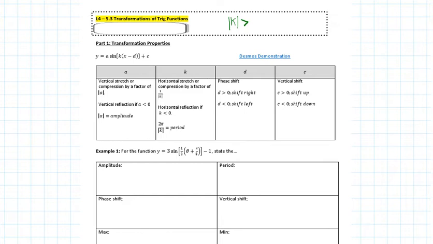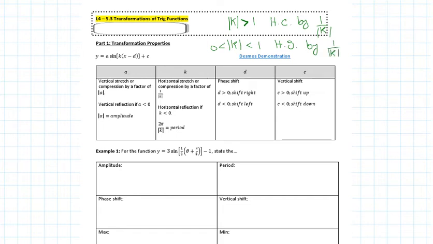If k is greater than 1, then I have a horizontal compression by a factor of 1 over k. And if k is between 0 and 1, then I have a horizontal stretch by a factor of 1 over k.